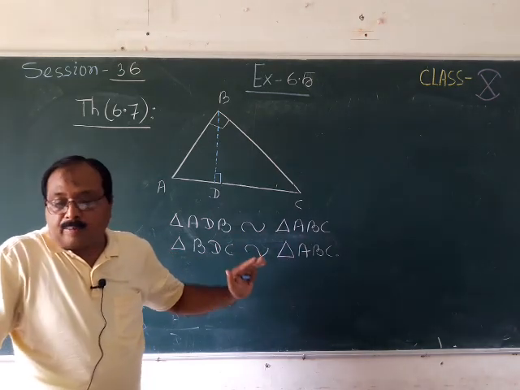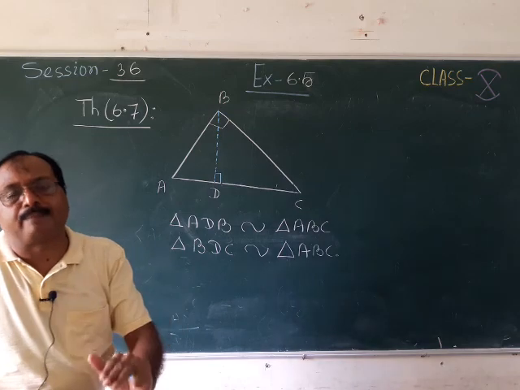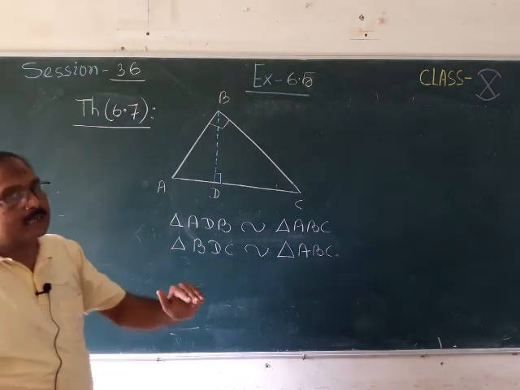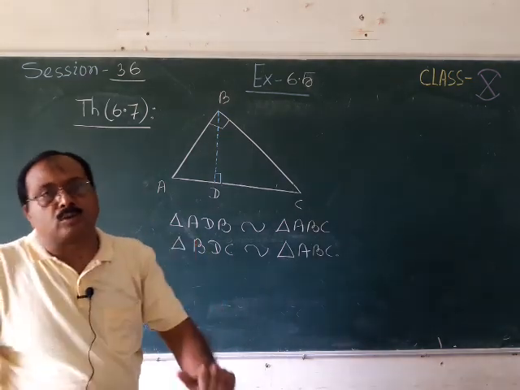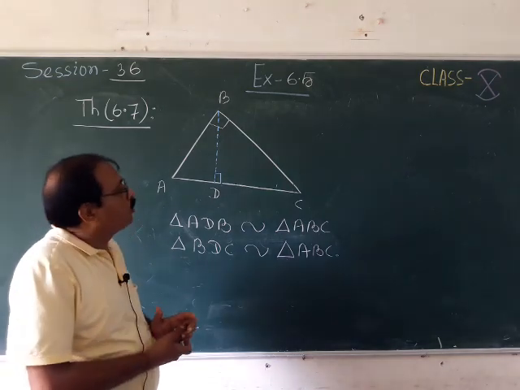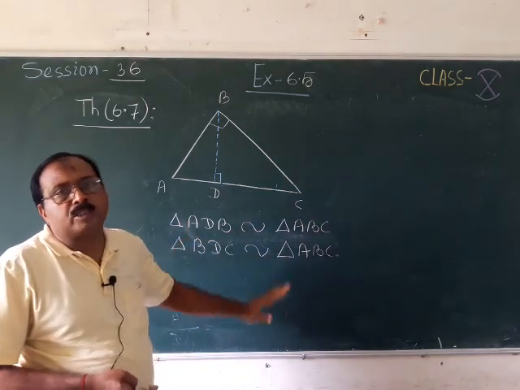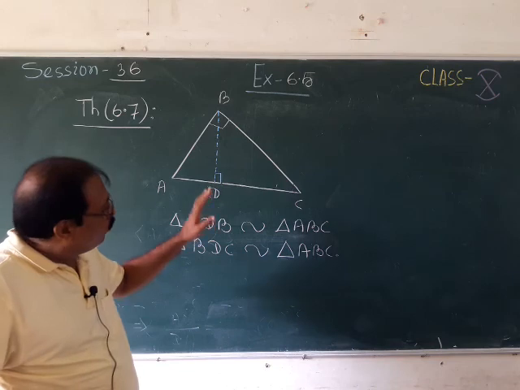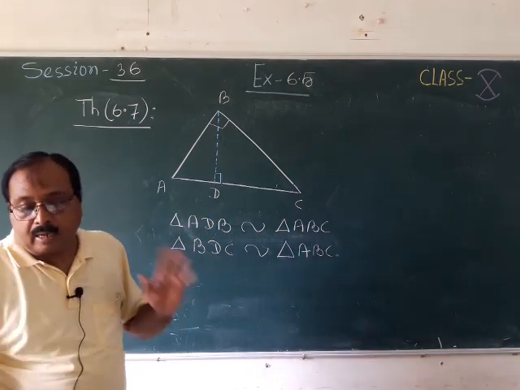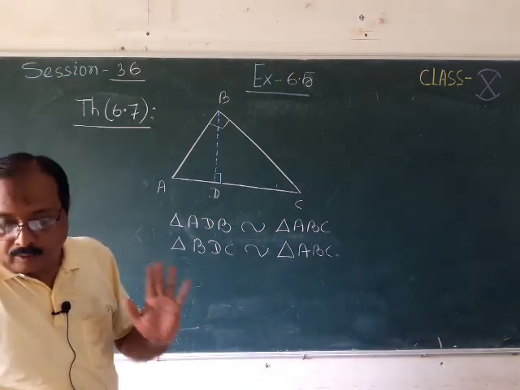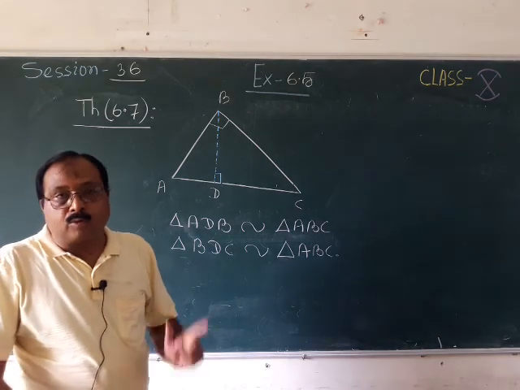This is all about theorem 6.7. You need to write down the statement, and you are also advised to write the meaning of this theorem mathematically, which I have written over there.